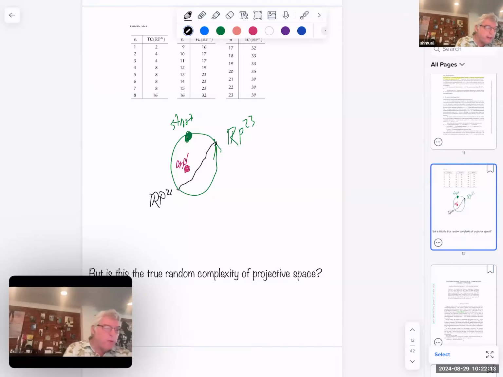If the start point and end point are less than, I guess, pi over 2 apart, there's a unique geodesic that connects you to that. And obviously that's how you're going to motion plan.